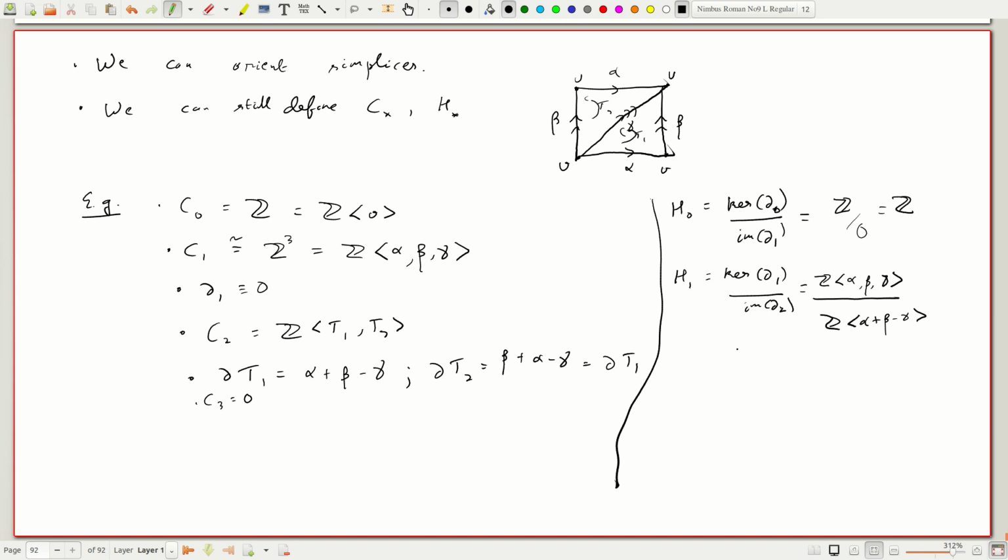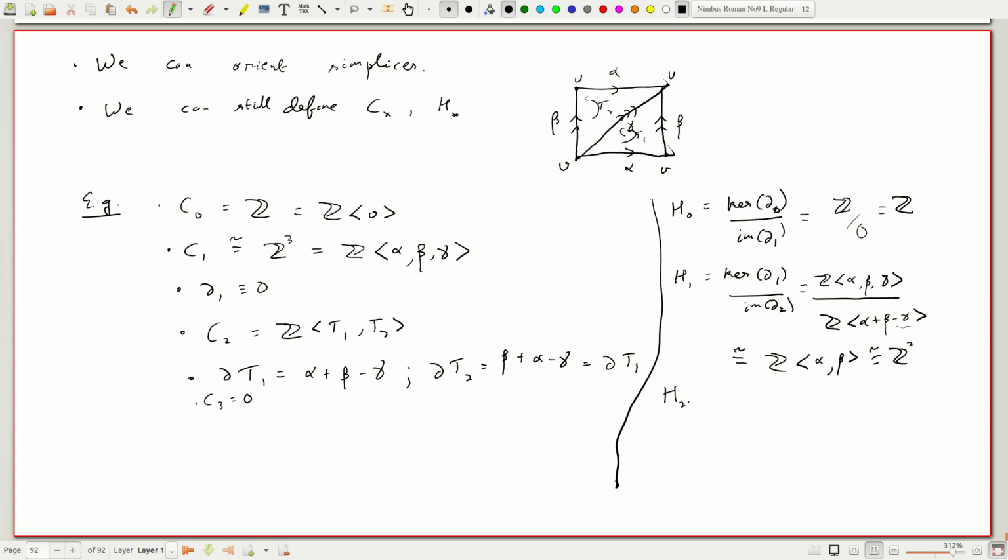So the image is this, and this you can see is isomorphic to Z of alpha, beta, because in the quotient gamma is a linear combination of alpha and beta, and there's no dependence among alpha and beta. Any linear combination of alpha beta which is a multiple of this must be 0. So this is isomorphic to Z of alpha beta by the quotient map which sends gamma to 0. So H1 is isomorphic to Z squared, which was also pi 1. In general, H1 will be the abelianization of the fundamental group.